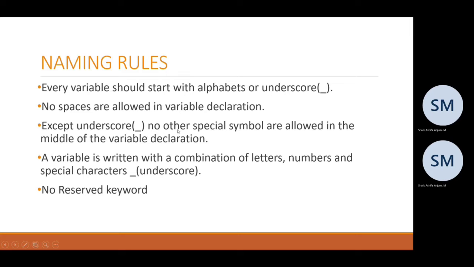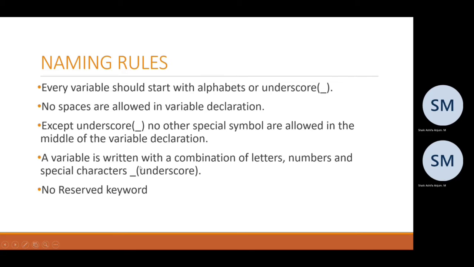No other special symbols are allowed in the middle; we can use only the underscore symbol, not other symbols like ampersand, dollar, hashtag, at. We can only use the underscore symbol for variable declaration.